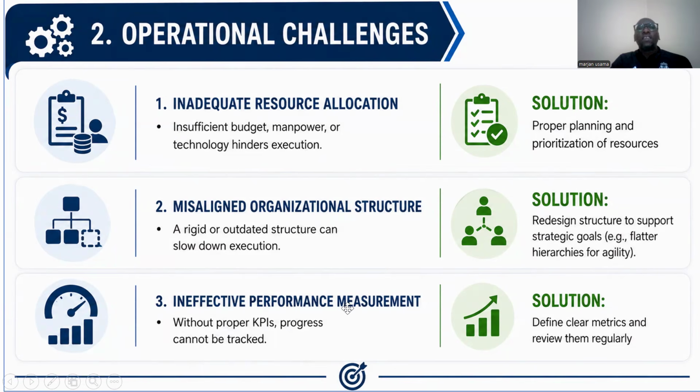Then, number three, ineffective performance measurement. So without proper key performance indicators, this is the meaning of the KPI, key performance indicators. So in our organization, we need to have indicators of how we are going to measure performance. How are we going to know that we are achieving our objectives?